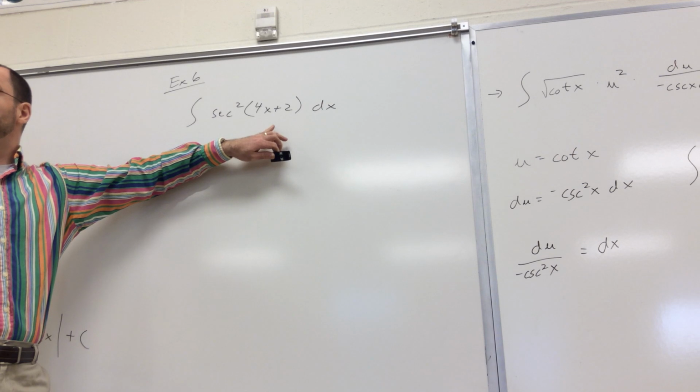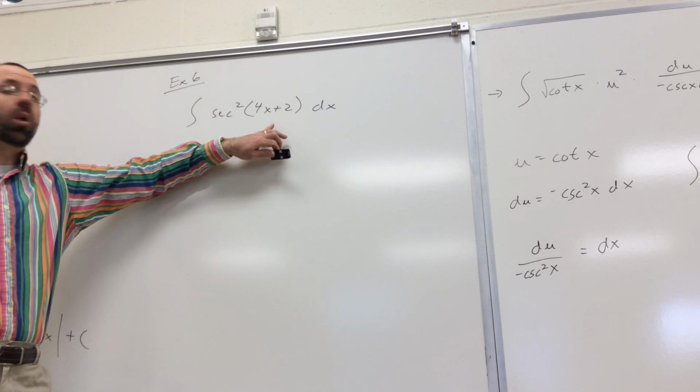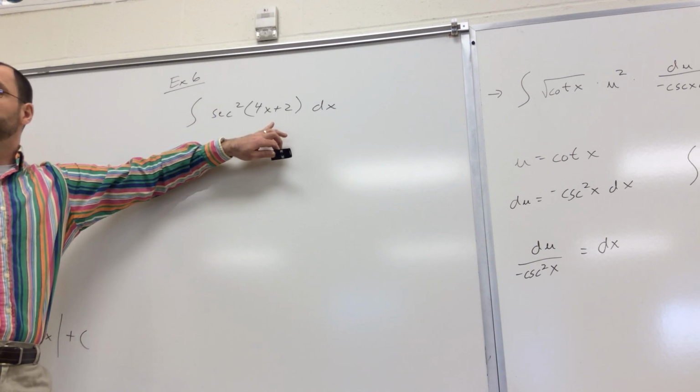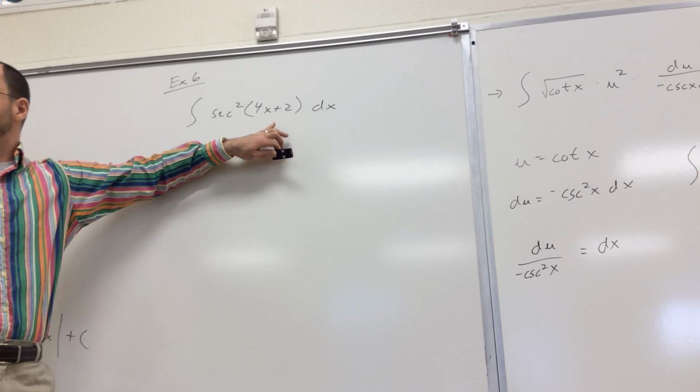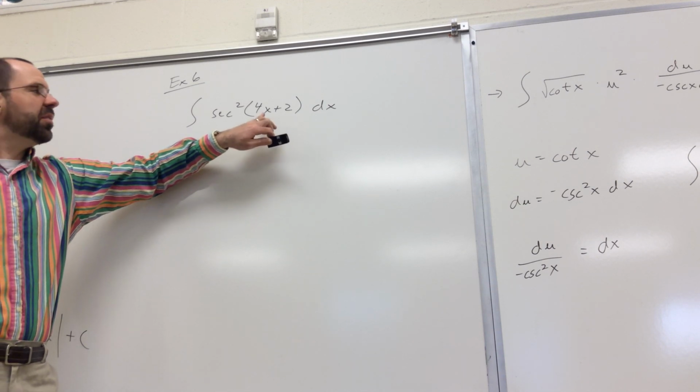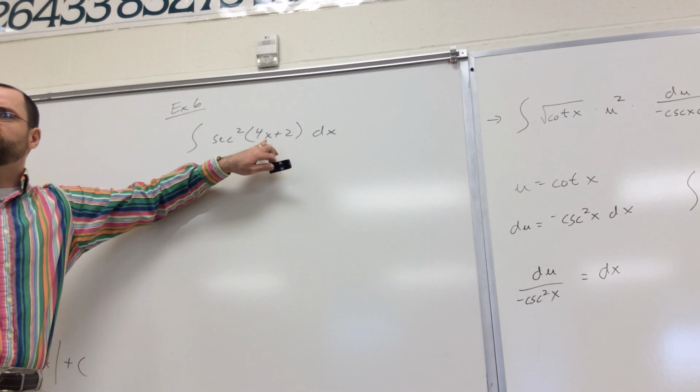So if you were going to use U substitution, what would U equal? 4x plus 2, right? Because that's the inside function. But the derivative of the inside is just plain 4.